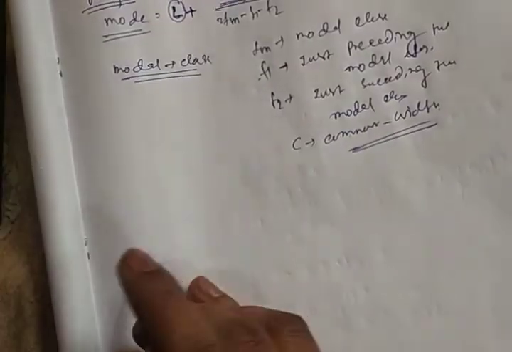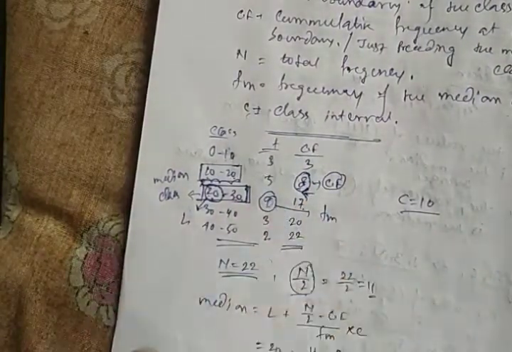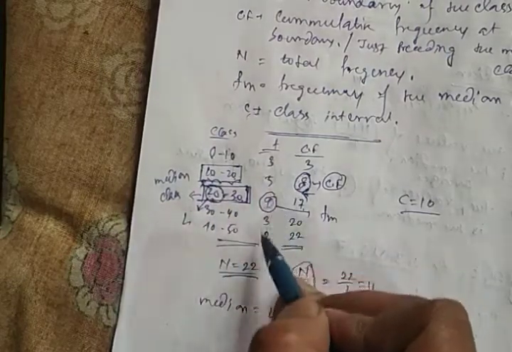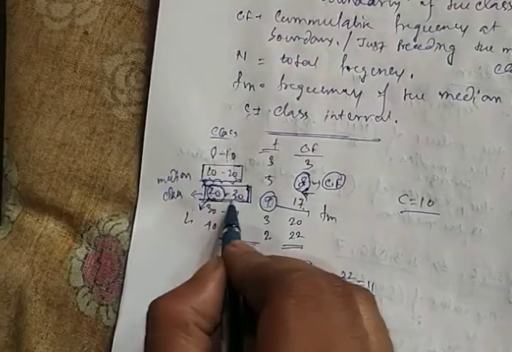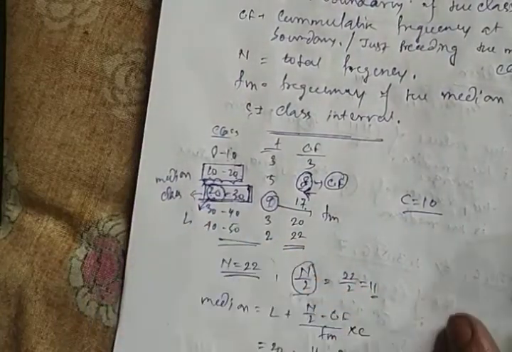Okay, if we consider the previous example, this distribution, we see the class intervals 0 to 10, 10 to 20, 20 to 30 and the corresponding frequencies. Here the modal class is the same as the median class, which is 20 to 30.